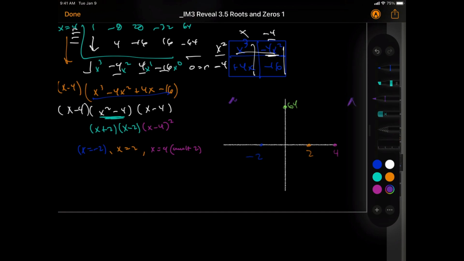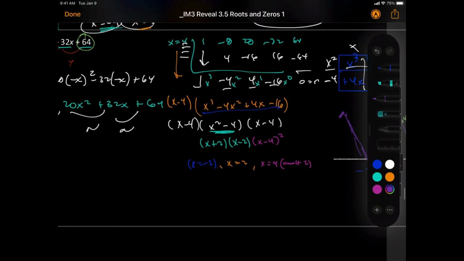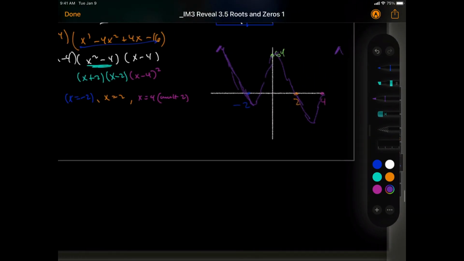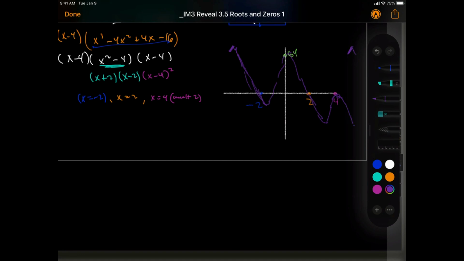So remember, we have to do a shoot through at x equals 4. So shoot, oh, I'm sorry, bounce there. It's 4th degree. X equals negative 2. Sure, it's a positive 64. I'm a little stumped here. Because that would have been the bounce, right?